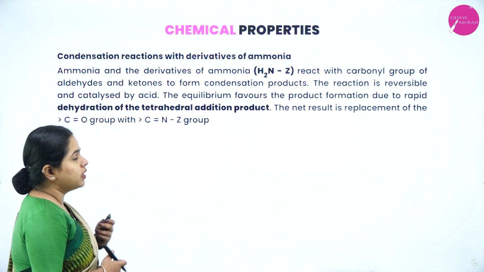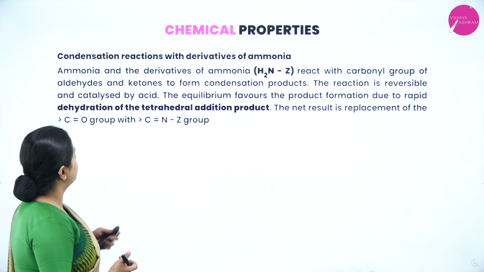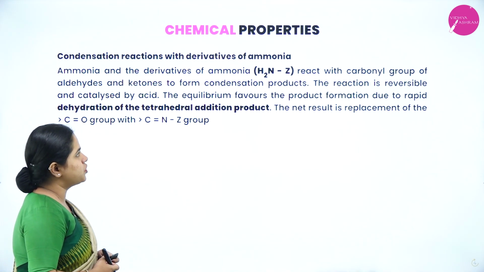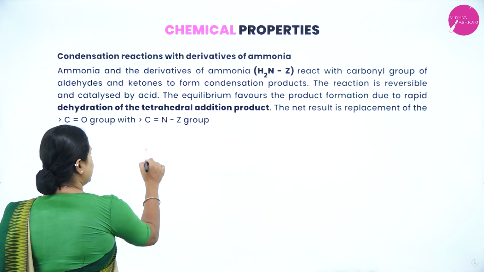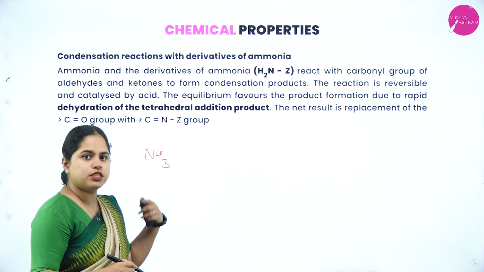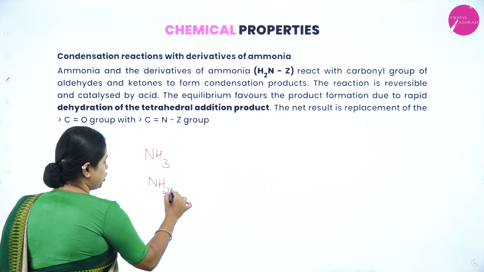So let us continue with the next set of chemical reactions of aldehydes and ketones. The first one we are going to discuss today is the condensation reaction with derivatives of ammonia. That is, ammonia and the derivatives of ammonia. Ammonia is NH3. Derivatives of ammonia means one hydrogen will be replaced by another group, so you can generally represent it as NH2Z.